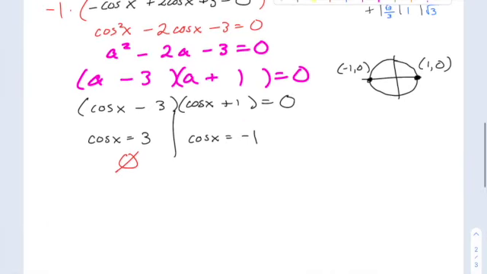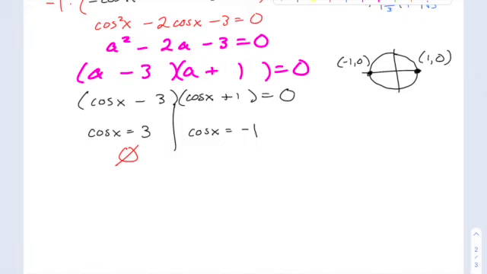Also, another way to think about it, which is a nice way to tie back to our graphing unit, is think about your cosine graph, which looked like this, right? What was the basic amplitude on cosine of x? 1. So there's that visual of, hey, the graph never went higher than positive 1 or lower than negative 1. So it never got up to 3. No solution there.